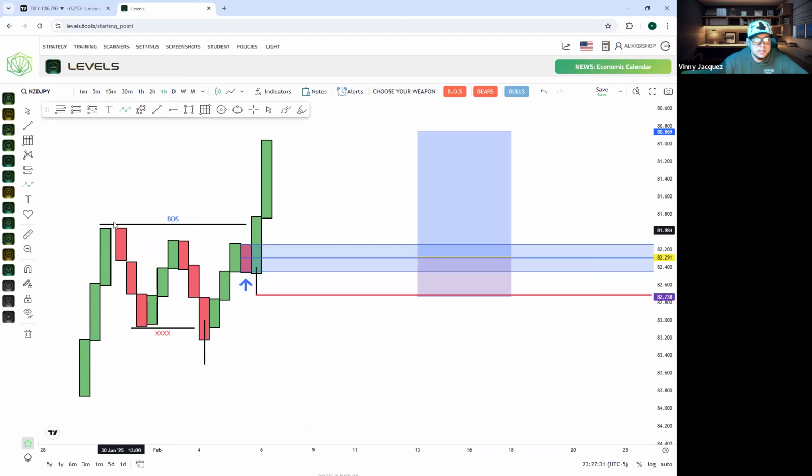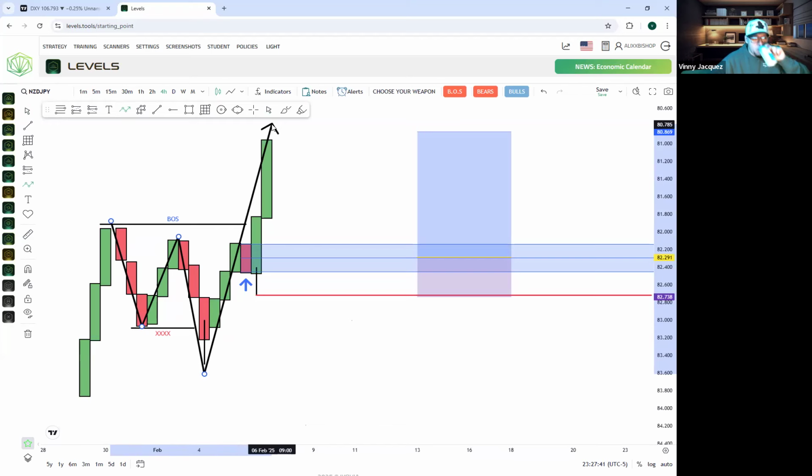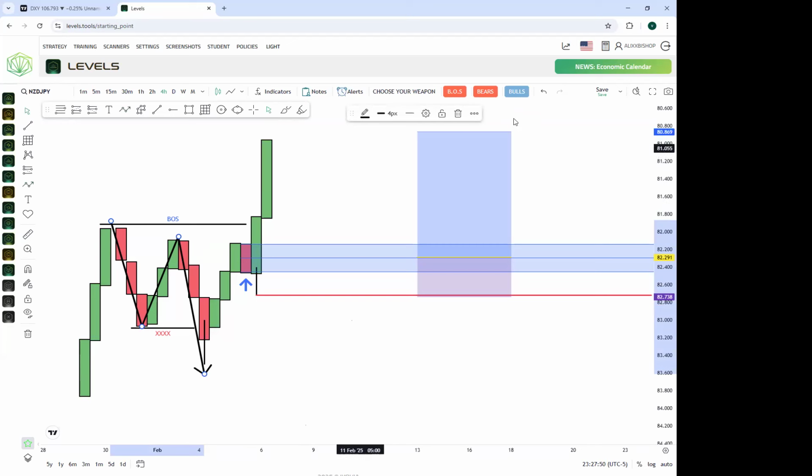So now we have this as an inverted left shoulder, head, continuation to the upside. Do you see that, Zoom user? Awesome. So this is the thing.